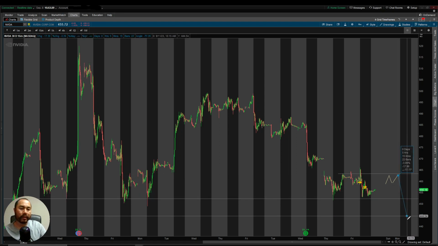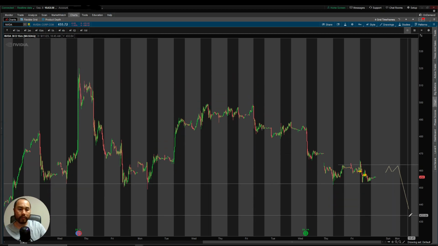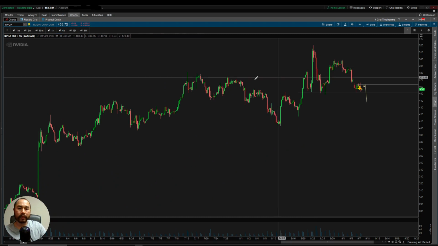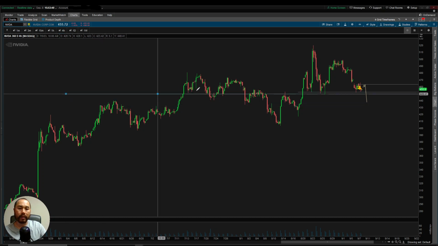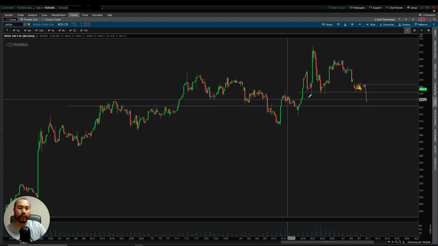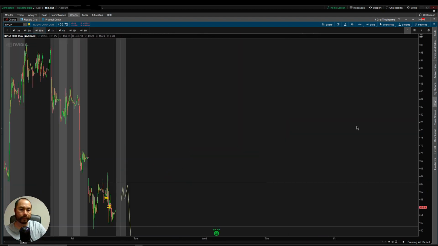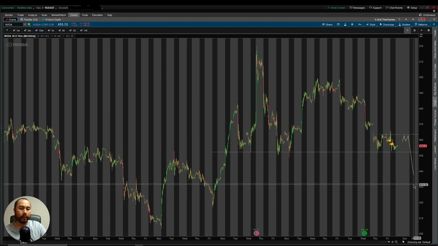Most likely, you can see that. And if it passes this, we're going low. I'm talking pretty low, man. Maybe 430. I'm shorting that. If that happens in the morning, I'm holding till 430 or 433, somewhere around there.